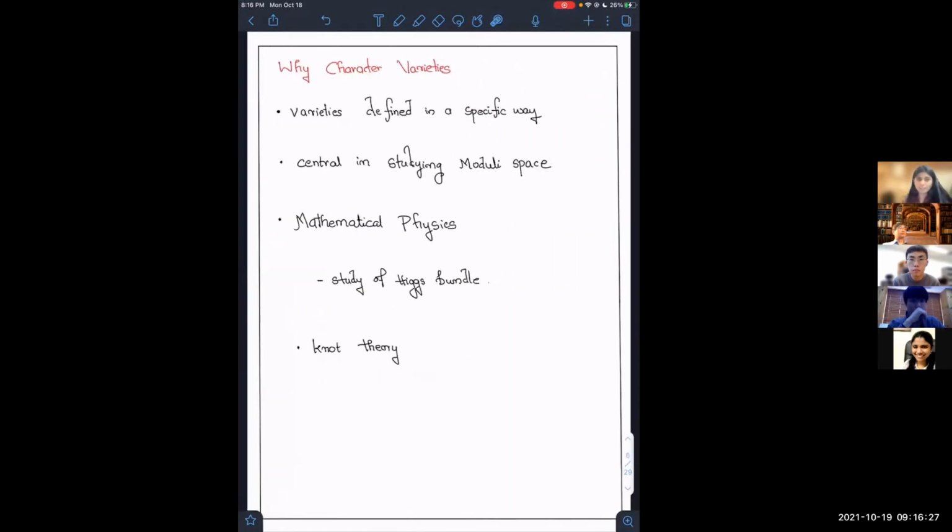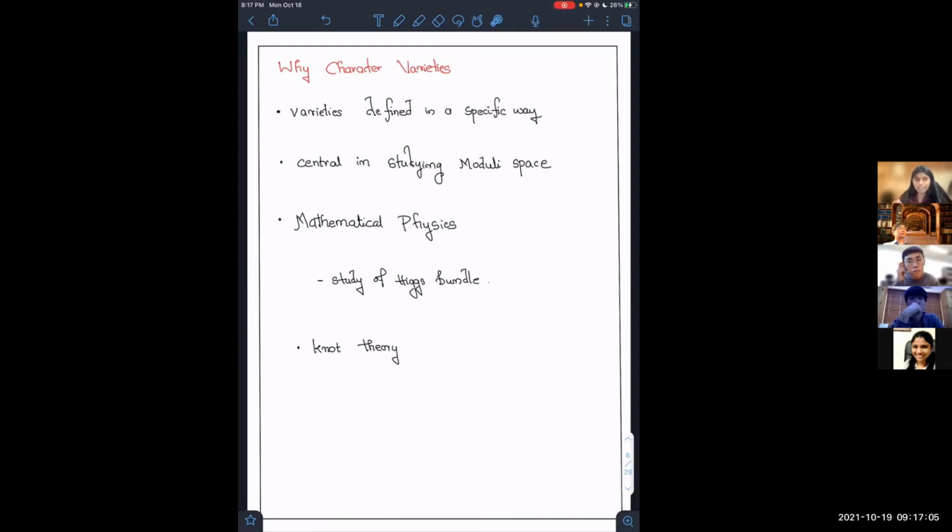So now, before I go into the definition of character varieties, I want to say briefly why we care about character varieties and why we study these. Character varieties are varieties defined in a specific way, which I will get to in a minute. They are interesting because they are central in studying moduli spaces, and they come up in mathematical physics, especially in the study of Higgs bundles, and not just theorists are interested in character varieties.